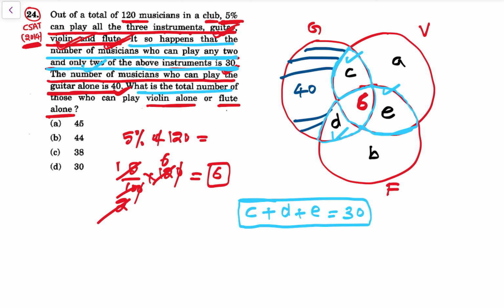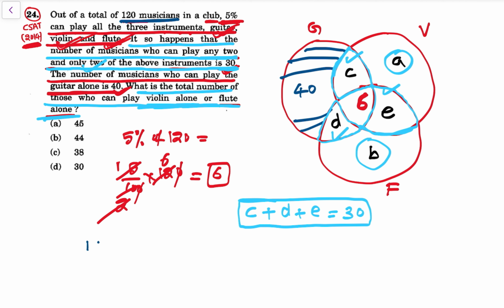Now what is the number of those who can play violin alone or flute alone? That is, they are asking us about A and B, violin alone or flute alone. Now if we add all these regions, we get the total number of musicians, that is 120.